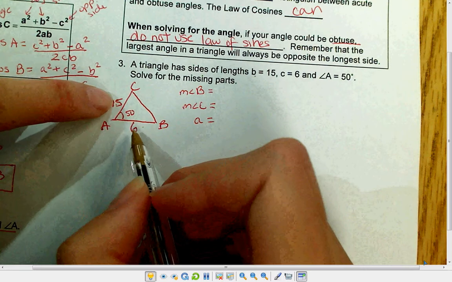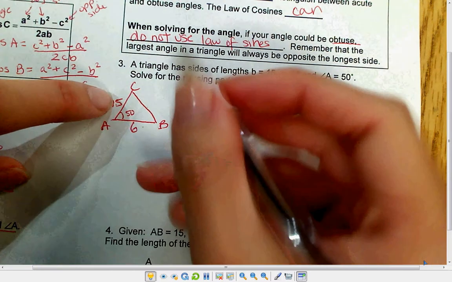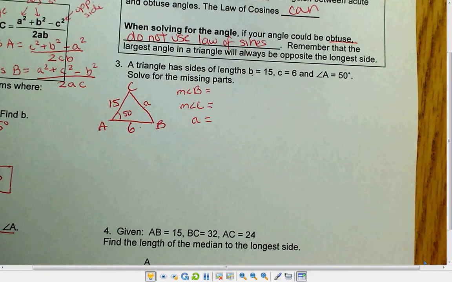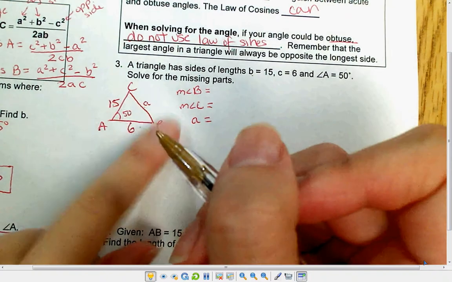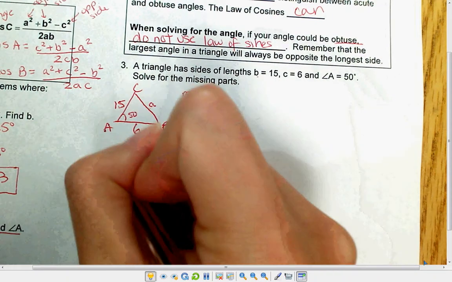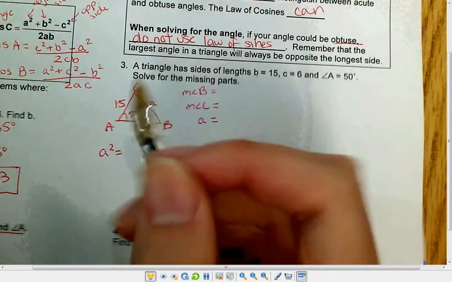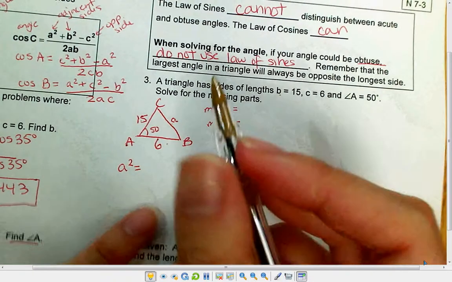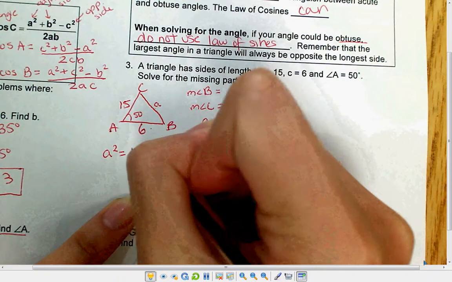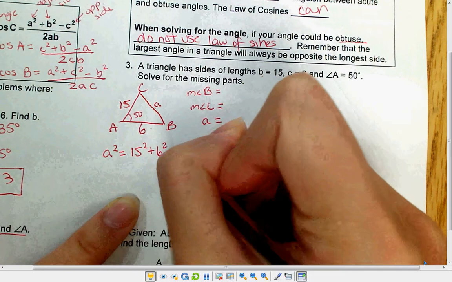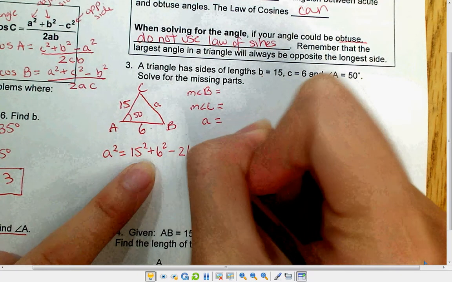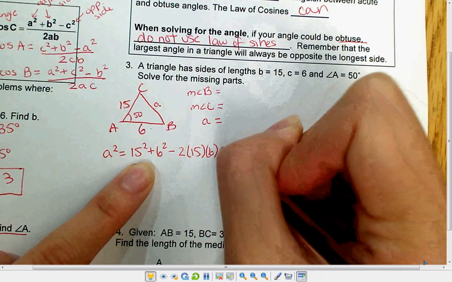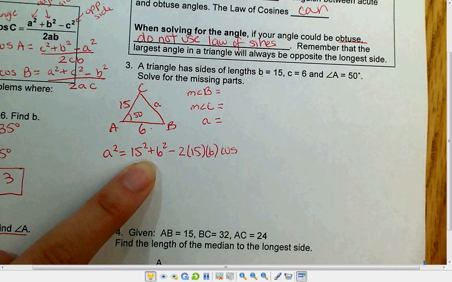So since we have these two sides, let's try to find side A using our law of cosine. So because it's a side, we're going to be using the first equation, a squared. So this is this equation right here. So a squared equals the other two sides minus 2 times the other two sides, and then cosine of the opposite angle.